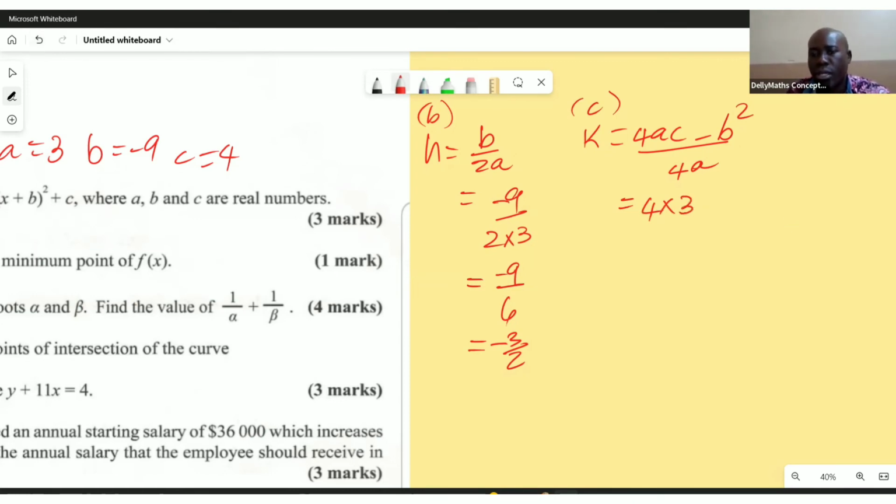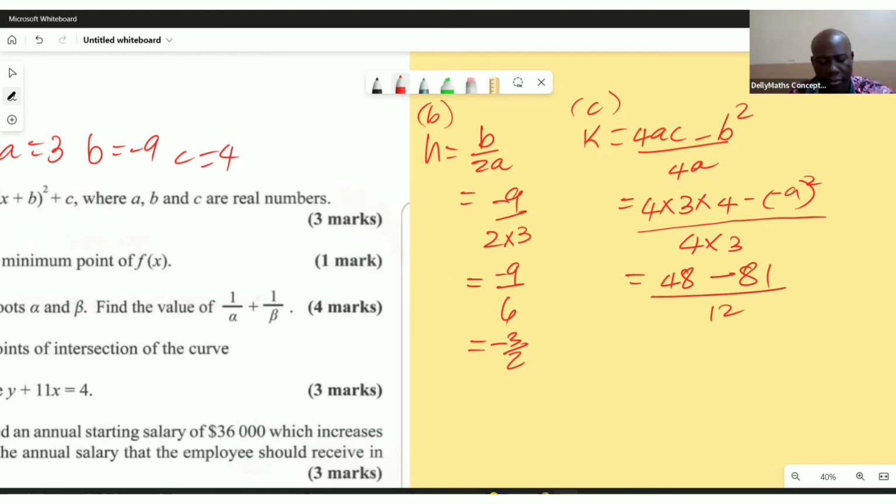So 4 times 3 times 4 minus b squared, which is negative 9 squared, all over 4 times a, and a is 3. This is now equal to, negative 48? So I'm looking at 12. So this is, no, not negative. This is 48. Yes. So 48 minus 81 over 12. All right.